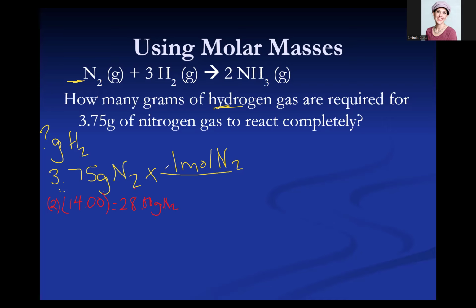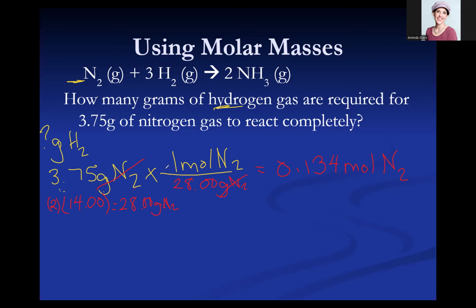So in 1 mole of N2, we have 28.00 grams of N2. So how many moles then do we have? We have 3.75 times 1 divided by 28. This gives me 0.134 moles of N2.